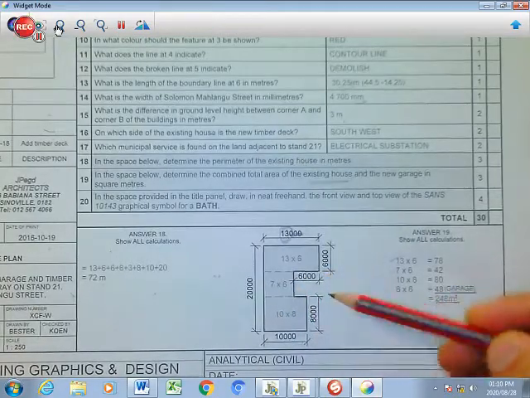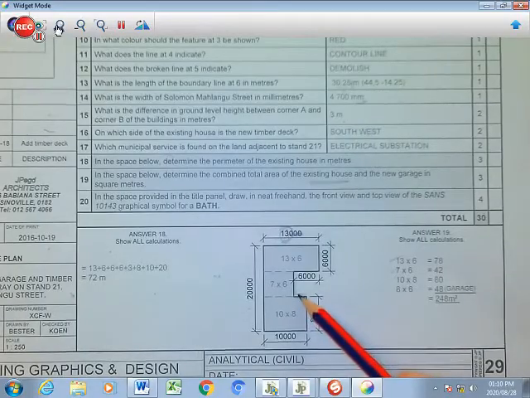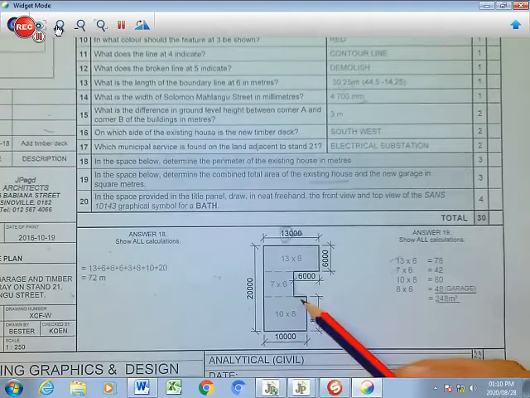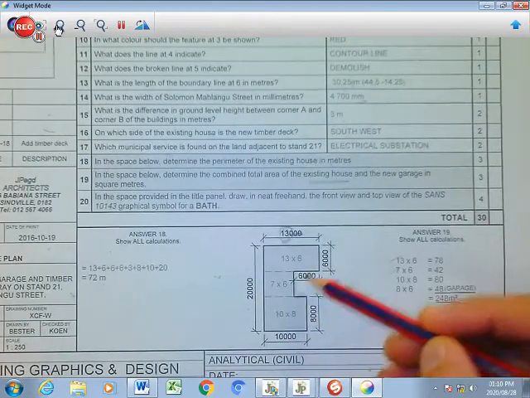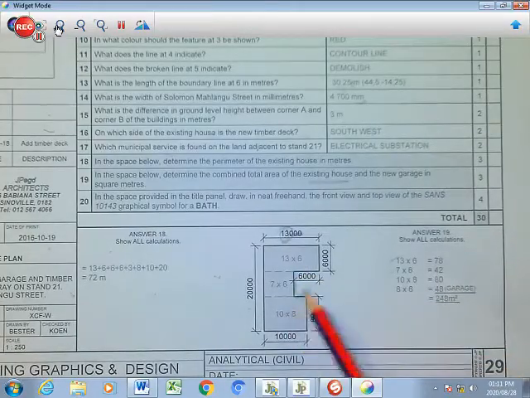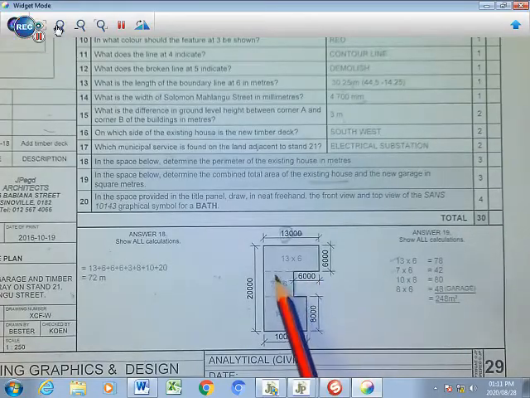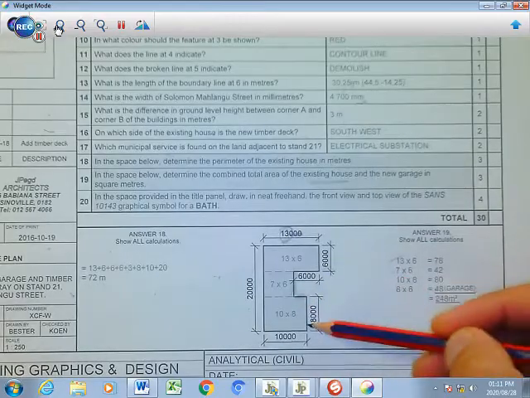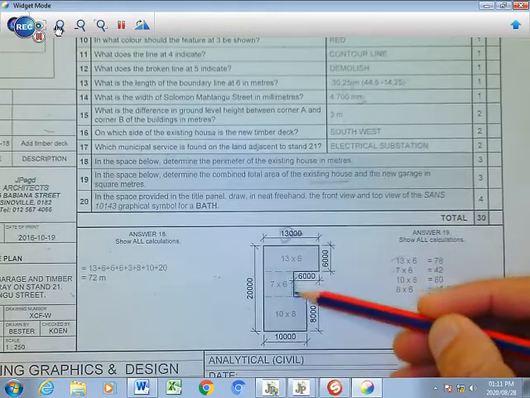For example, that space there is the difference between 13 and 10, which is going to be that 3 there, and that there is going to be 6 if you work out the difference between that 6 and that 7, and that's going to be 6 if you add up that 6 and that 6, and that 8 gives you 20. So you've got to work it out.